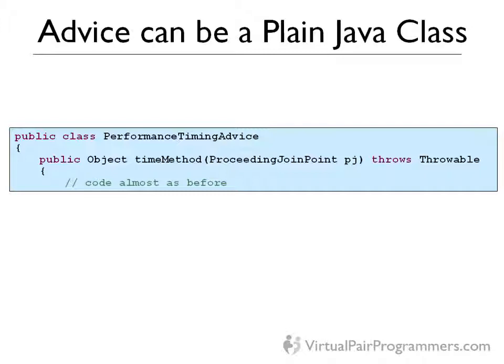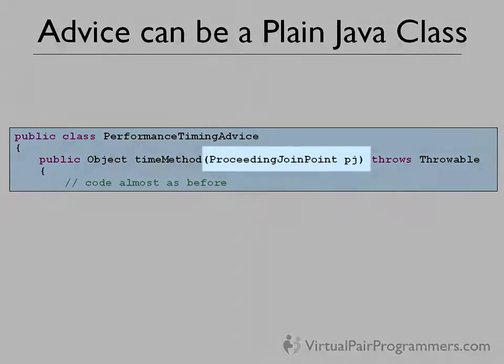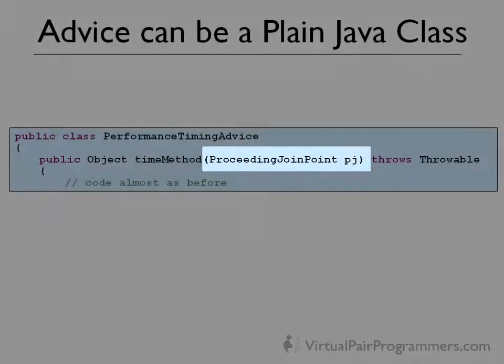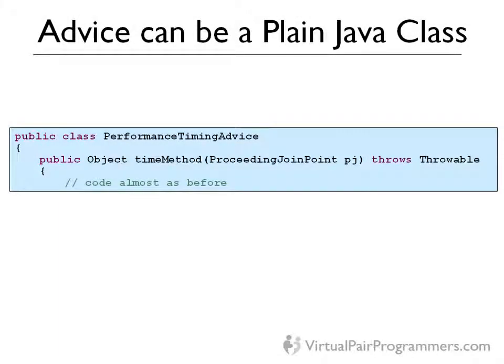So I've written a method here called time method. If we are writing around advice and therefore we need to proceed somewhere in that code, we are forced to have one single parameter in the method, and that parameter is called proceeding join point. Now, that's a little bit jargony, and for that I apologize, it's a bit awkward.